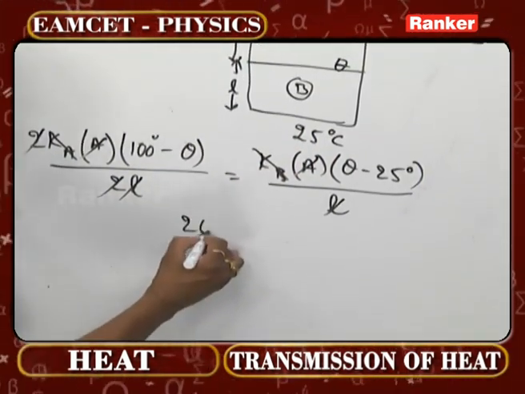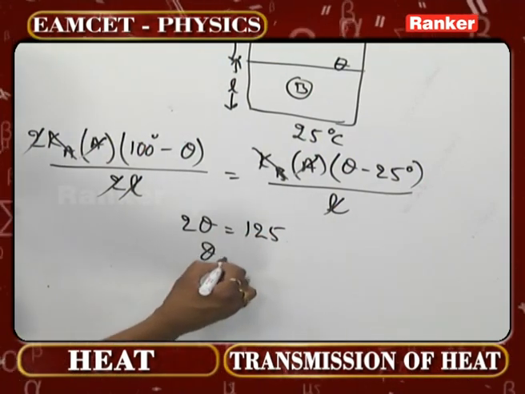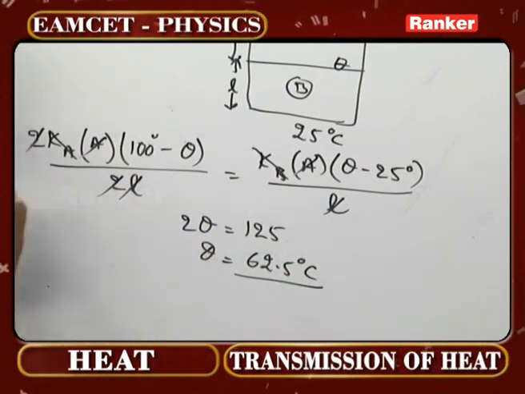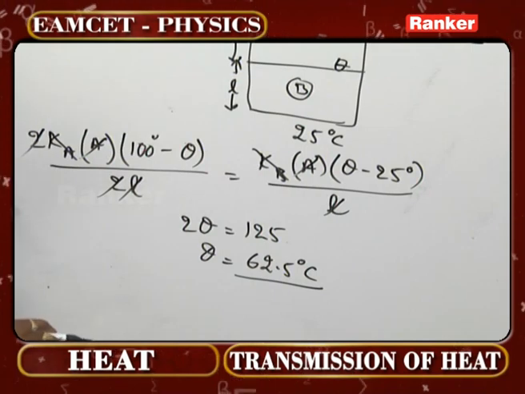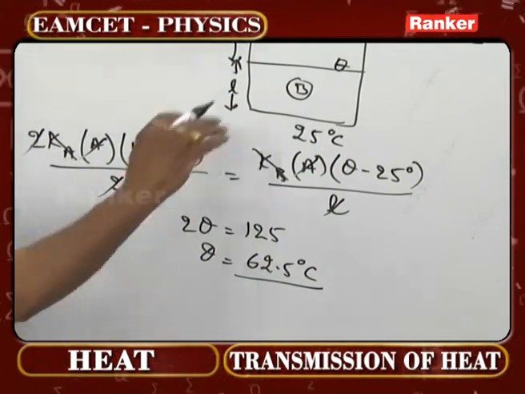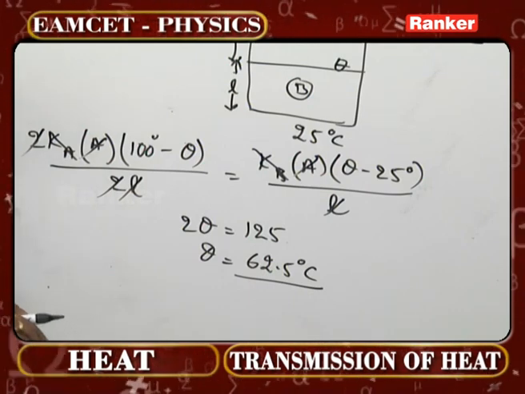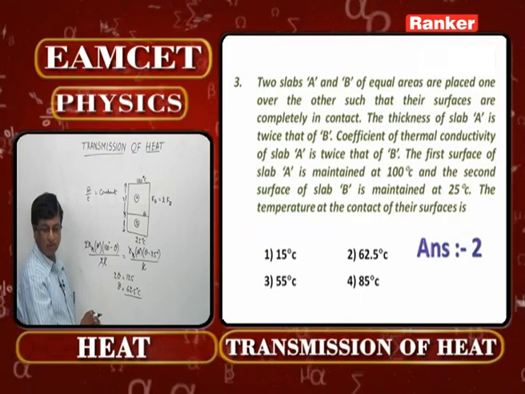So 2 theta now becomes 125. Then what will be the value of theta now? 62.5 degrees centigrade should now be the temperature of the interface of that particular system. That means the second option is supposed to be correct for this case, please. So 62.5 is the option 2 for that question number 3.